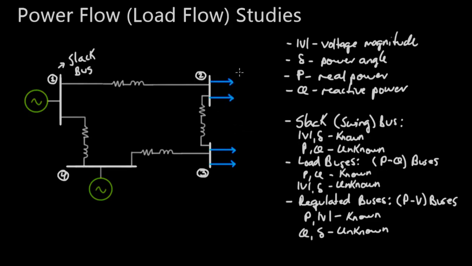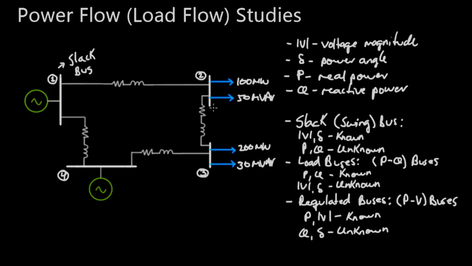So let's say, for example, that this load was specified to be 100 megawatts. This one right here was 50 megavolt ampere reactive. Let's say that this one was 200 megawatts and that this one over here is 30 megavolt ampere reactive.